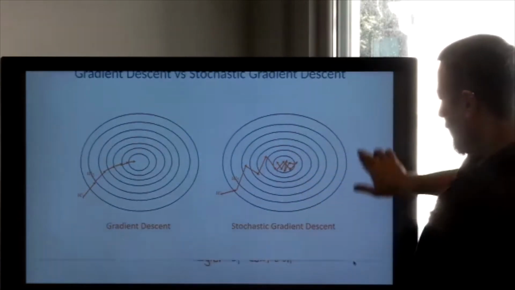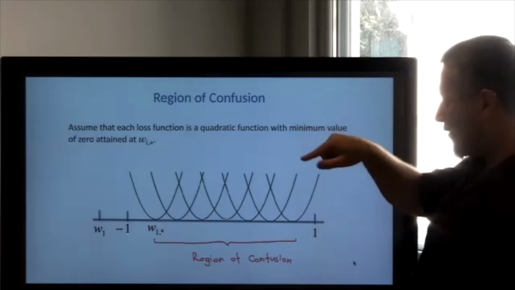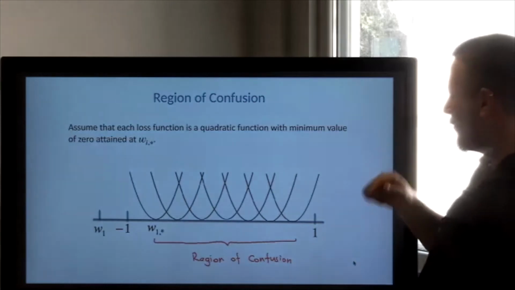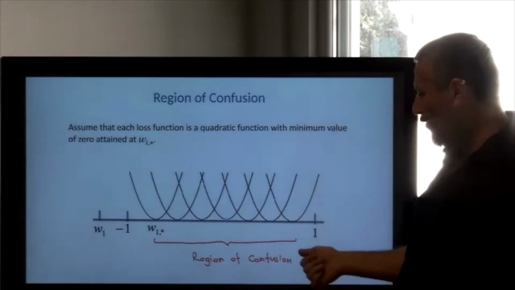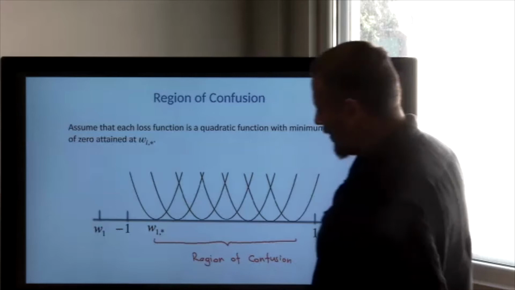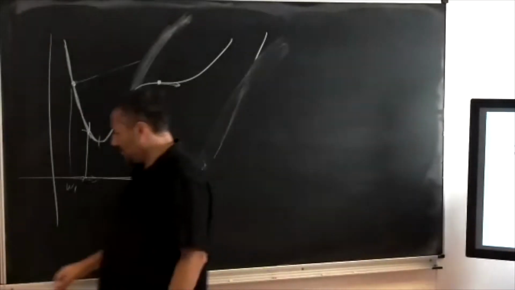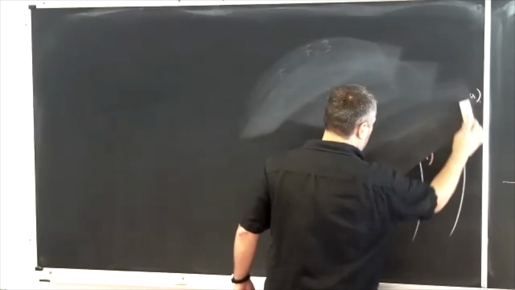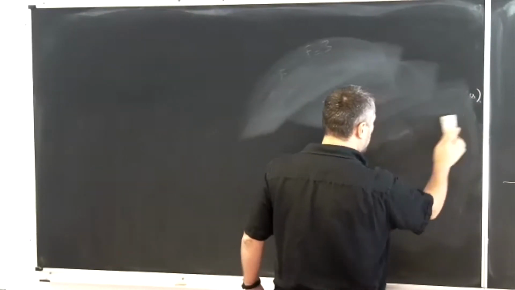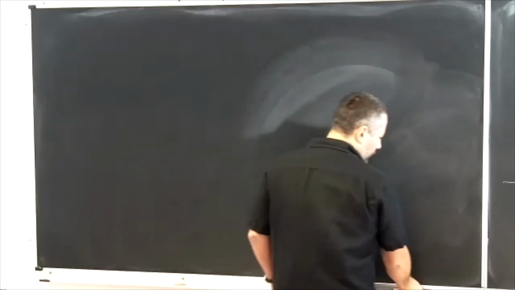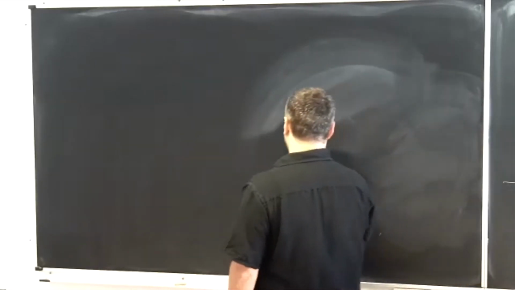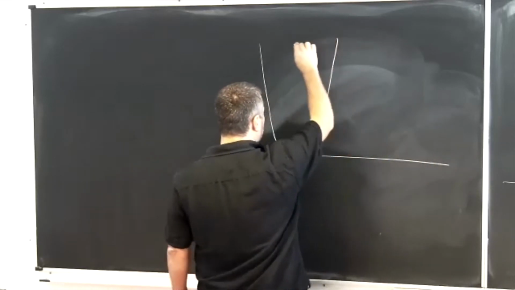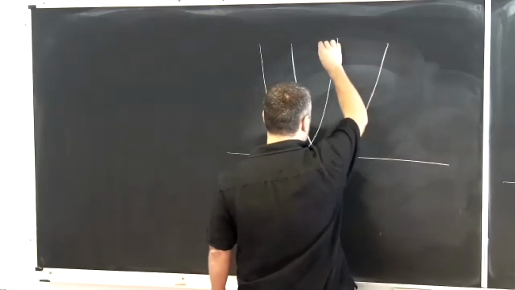So why does that happen? That region where the algorithm wanders around is called the region of confusion. And here's a toy example of what is going on. Again, our function is a finite sum, and it consists of, let's say, very simple quadratic functions, just a toy example.